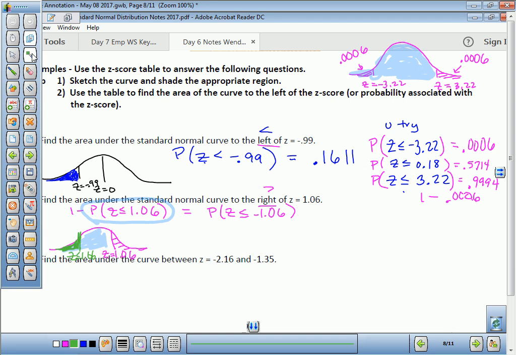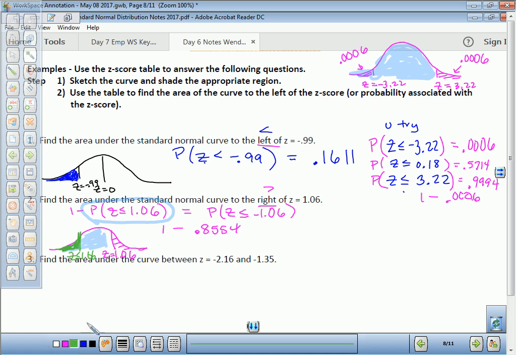And let's prove that this works. If we looked up a z-score of a positive 1.06, it is 0.8554. So if we did 1 minus that, that would give us this pink part.